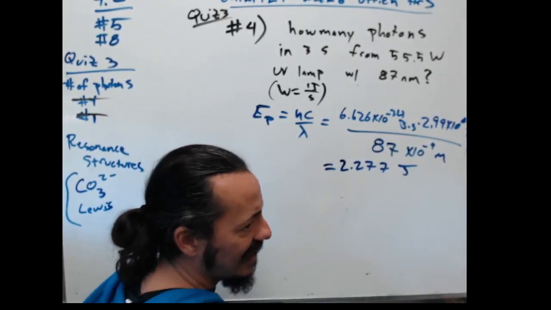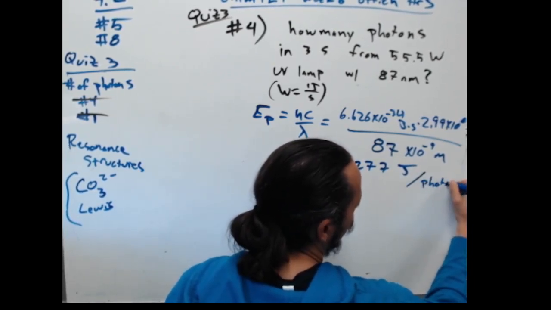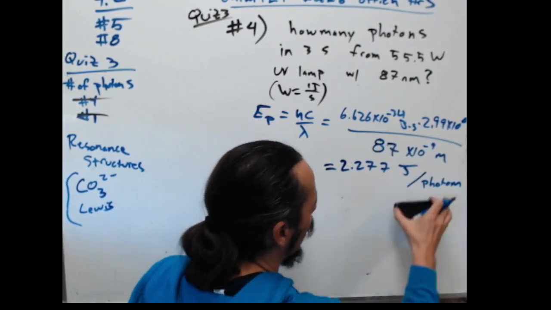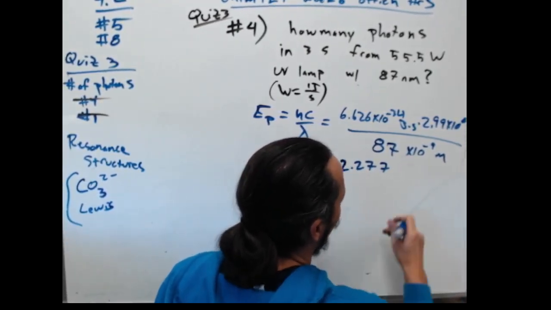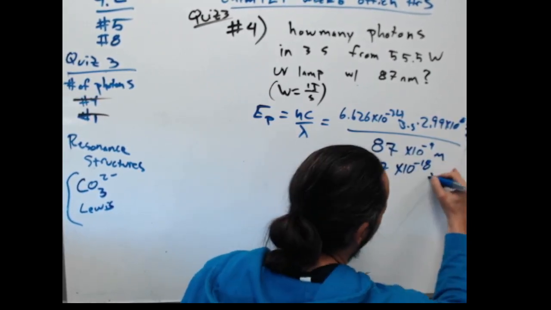Now, it doesn't say this in the units, but this is joules per 1 photon. This is the energy of a single photon, so this is the oh wait, whoa. Sorry. I forgot something really important. Times 10 to the minus 18 joules.